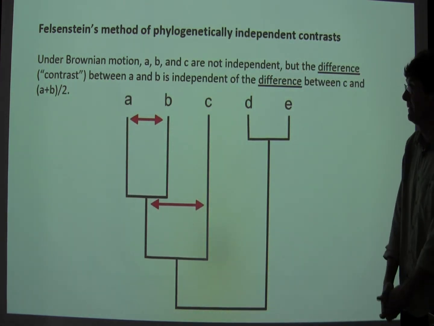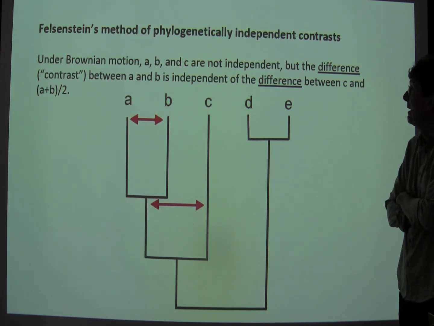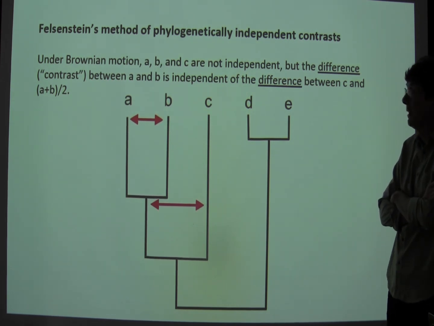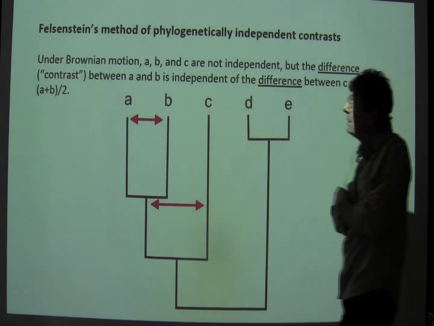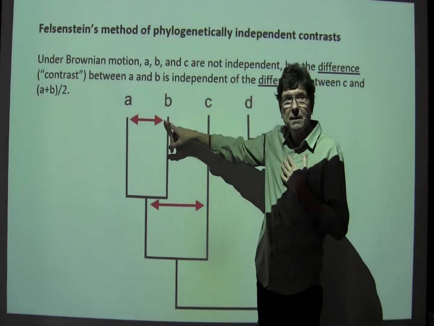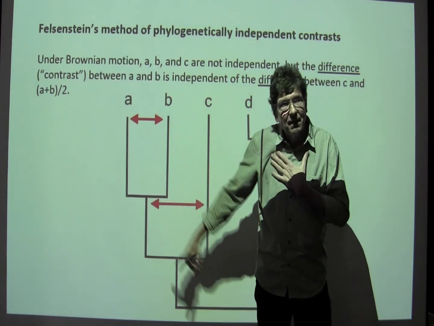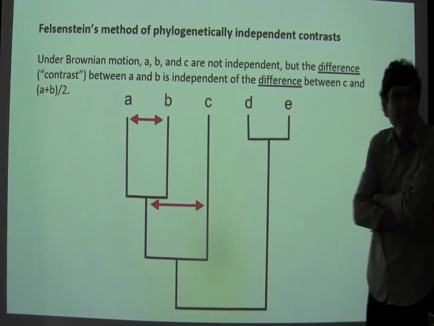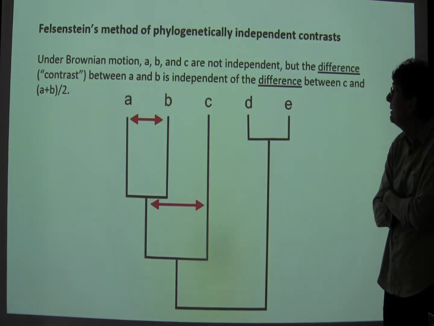What Felsenstein observed is, in this case, if we can assume Brownian motion, then A, B, and C are not independent. However, the difference between A and B is independent of the difference between C and the average of A and B. And so he called those contrasts.